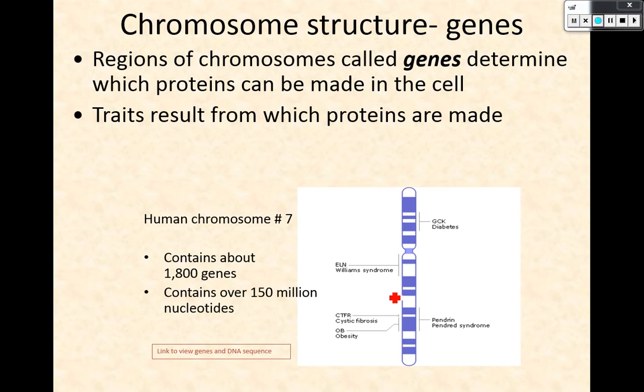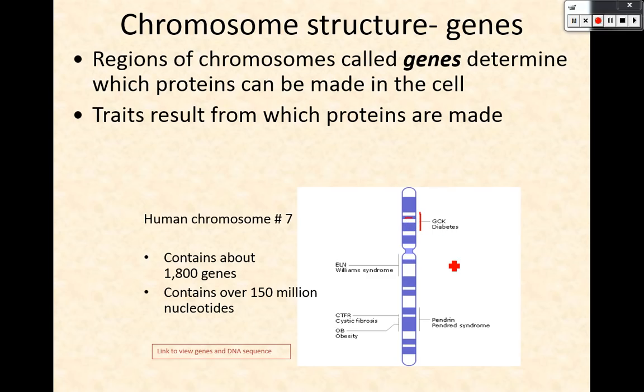This one chromosome contains about 1,800 genes and over 150 million nucleotides. That's in one chromosome. One thing to notice is this gene here is encompassed by some blue strands and some white portions.